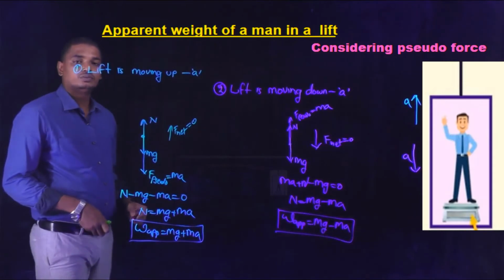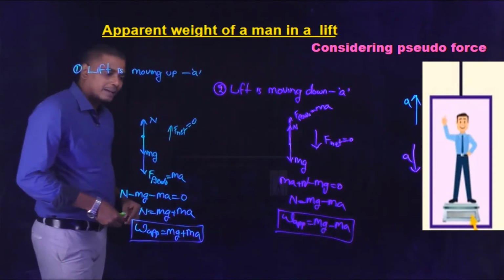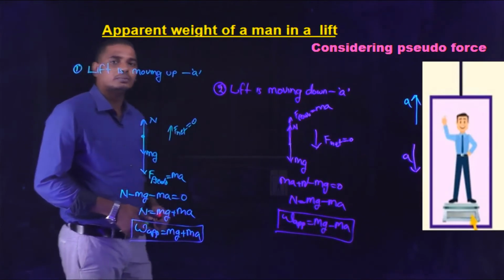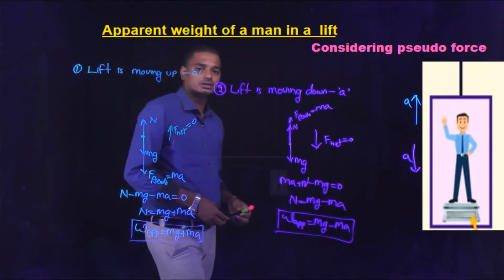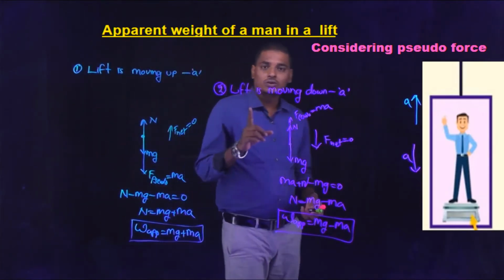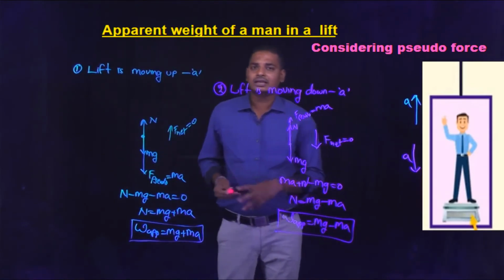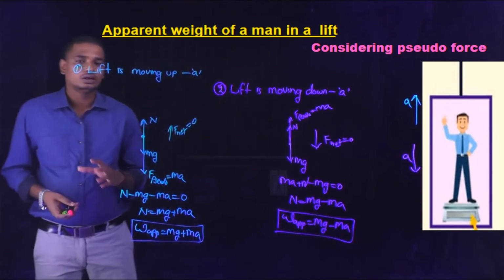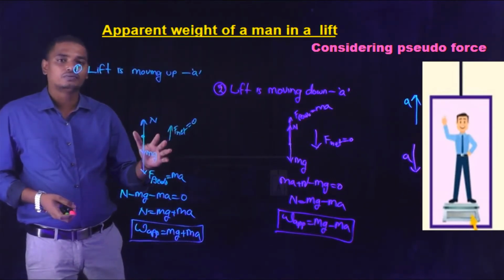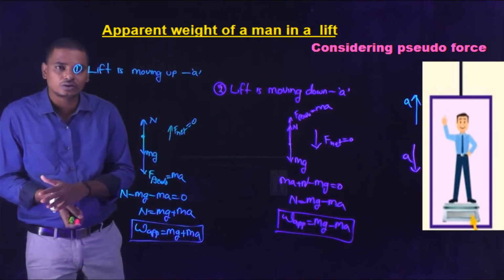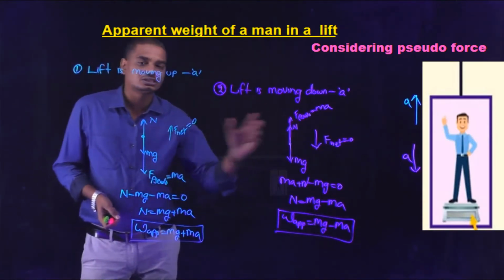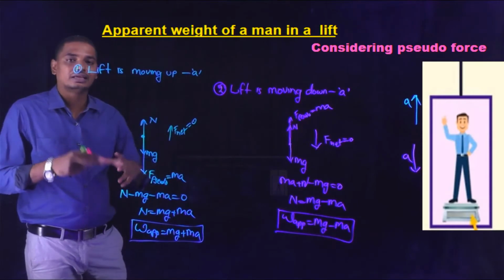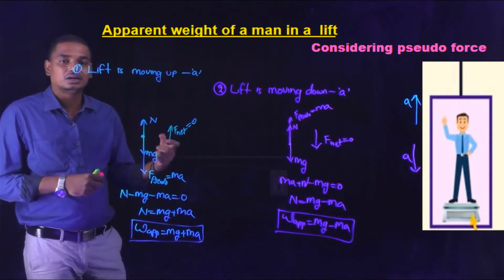As the lift is moving downwards, the apparent weight of the man is less than the true weight of the person in the lift. Now I think we have a clear idea of how to make use of the non-inertial frame of reference by considering a pseudo force and using Newton's second law. Let us see one more example to get a clear idea regarding pseudo forces.